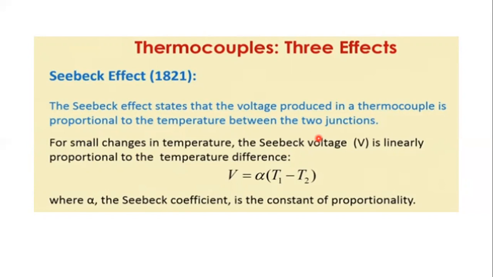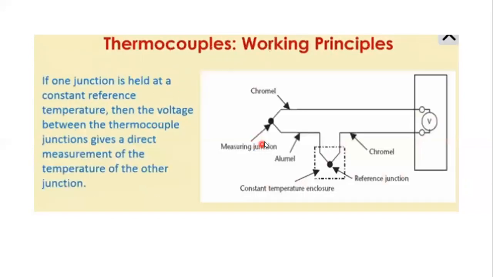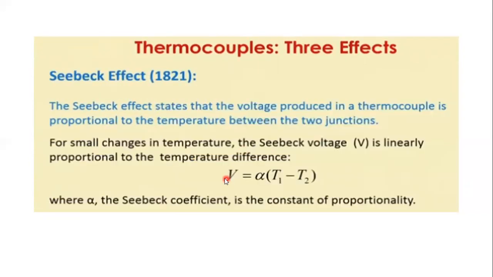That was discovered by Seebeck in 1821. Okay, so for example, if the temperature at one junction is T1 and at the other junction is T2, then the voltage is proportional to T1 minus T2, or voltage is equal to alpha times T1 minus T2. And this alpha is a constant which is known as the Seebeck coefficient. So it is a constant of proportionality.